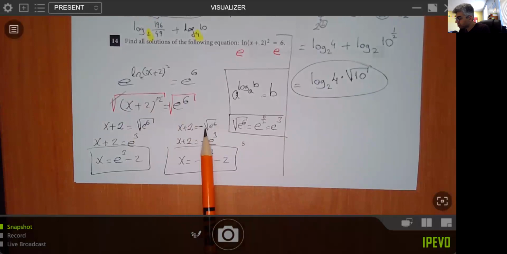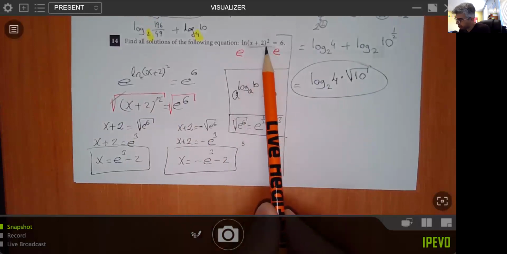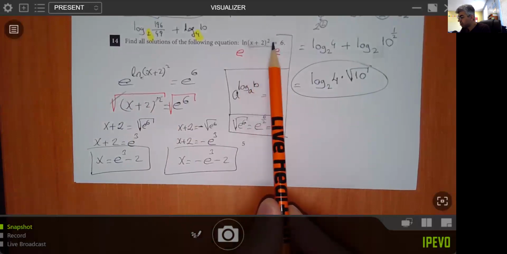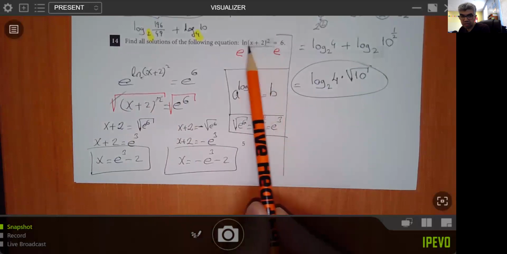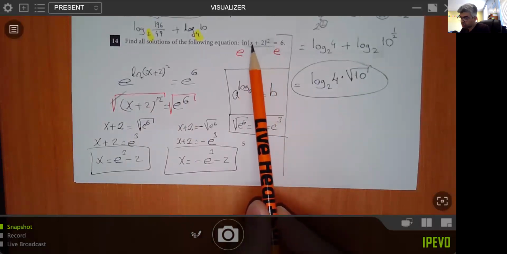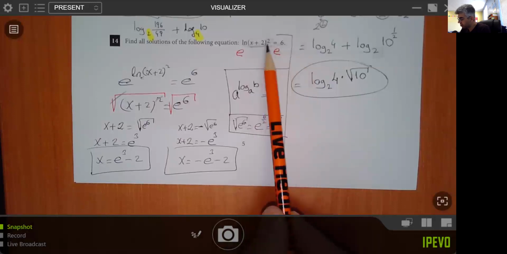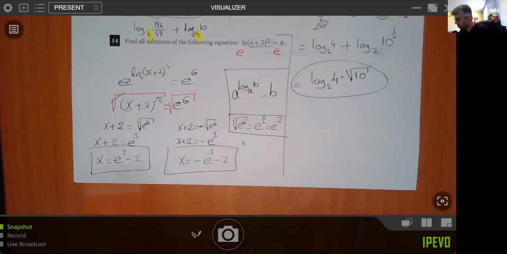Of course, we cannot do that without considering the domain. We have to check the domain here. Because we have a square, it doesn't matter what x is, only x cannot be negative 2, because the argument cannot be 0. And that's it. We solve this and we get these two x values.